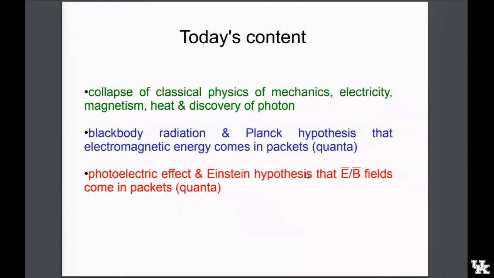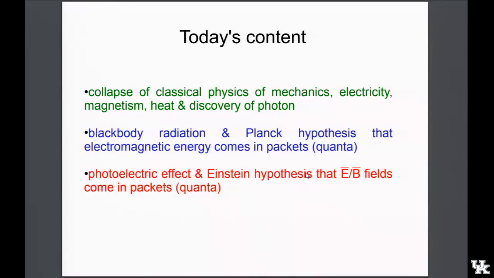So today's class is going to focus on one aspect of quantum mechanics, and it's light in quantum mechanics, and it's going to introduce photons as particles of light. So the specific content for today is I'm going to talk a little bit about the beginning of the 20th century collapse of classical physics.